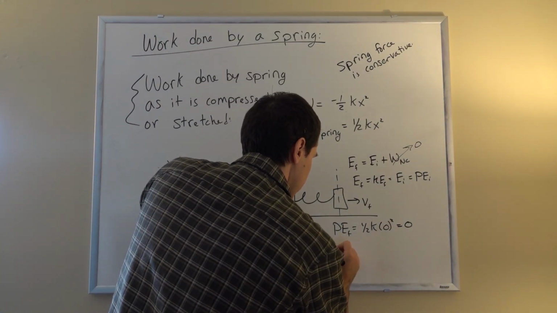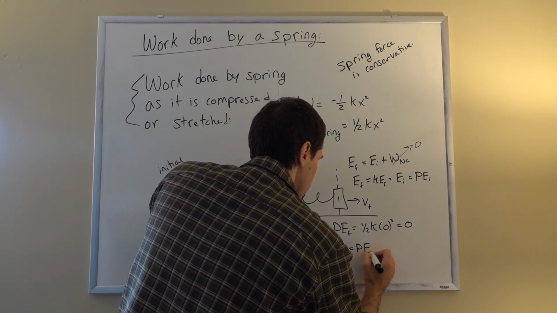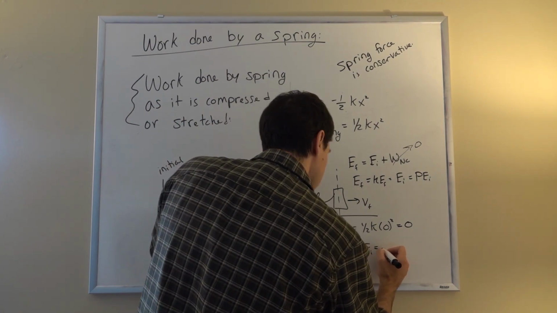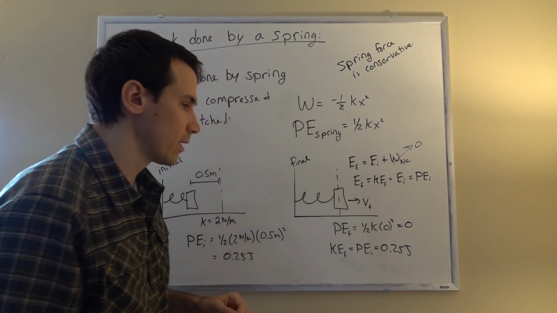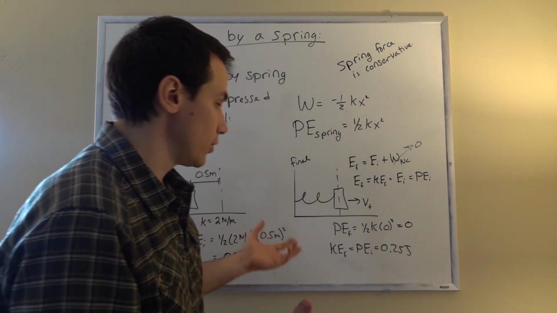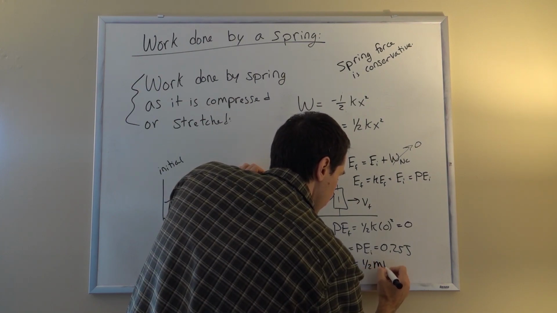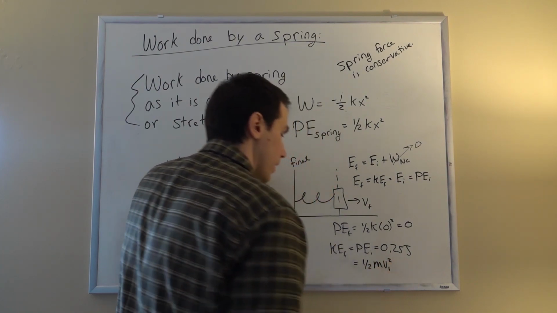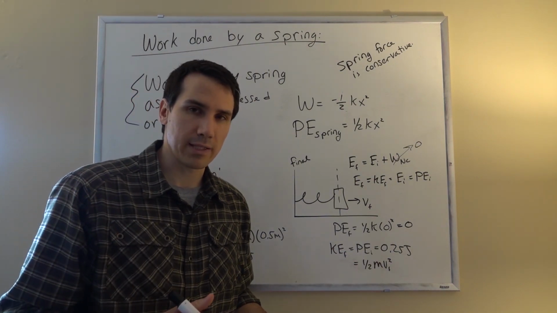So I can say that my kinetic energy final equals my potential energy initial, which is 0.25 joules. And if I gave you a mass for the object, you could use that this is equal to 1/2 mv final squared. If I gave you a mass, you could solve for the final velocity of the object.